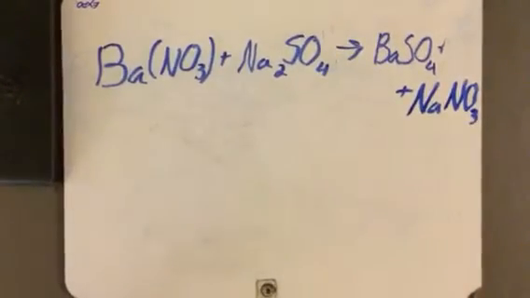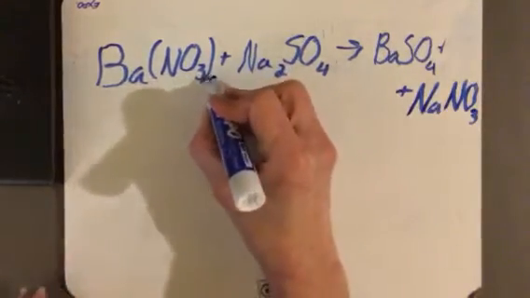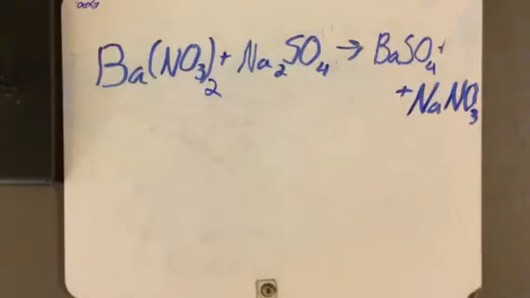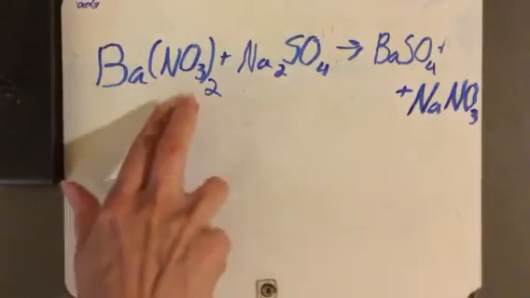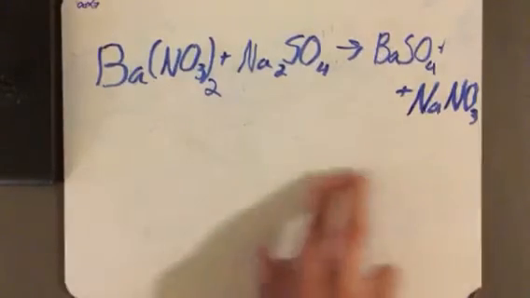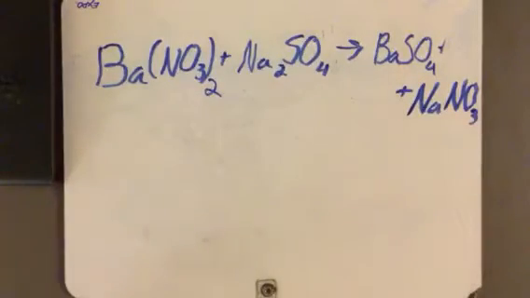Now, I could list all the elements that I've got underneath this, but there's a lot of oxygen in this compound, and I don't want to have to count up the number of oxygen atoms on both sides and keep them straight, and this is just really annoying. So what I'm going to do is, you notice that this nitrate is an NO3 over here, and it's still an NO3 over here. Now, if you've seen my video on reaction types already, you'll see this is a double displacement reaction, and all that this does is it takes my ions and just shuffles them around a little bit, and it never changes what those ions are.